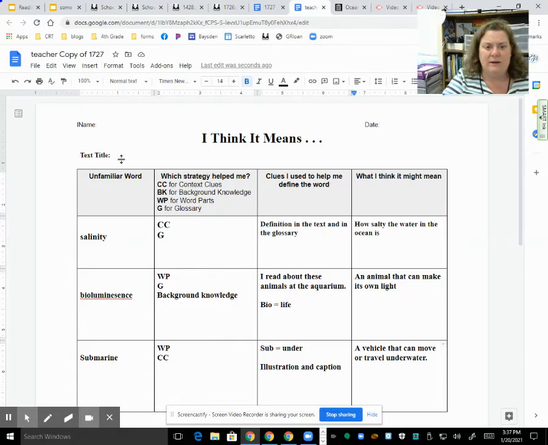Okay, and then I love it when you put your text title up here. That way I know which book you read. I would like you to read a variety of books. So if you've been reading the same book over and over again, might be a day to try out a new book. Remember, you can look for nonfiction books in Epic.